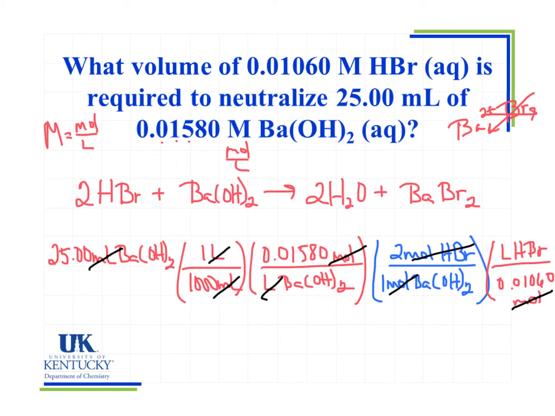Now I can do the calculation, and when I do that, what I end up with is that the volume of my HBr is going to be 0.07453 liters, or I can write that as 74.53 milliliters. Again, it's about making sure that our units cancel out correctly.